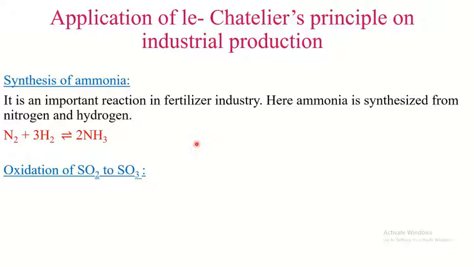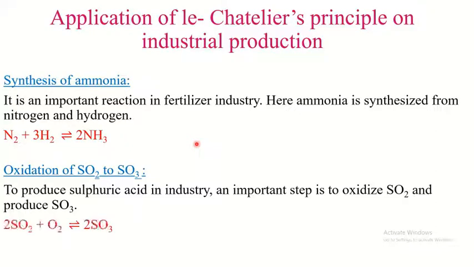So to produce sulfuric acid, at first sulfur trioxide should be produced, and sulfur trioxide is produced by the oxidation of sulfur dioxide by this reaction. This reaction is also a reversible reaction, so Le Chatelier's principle is applied for getting more yield from these reactions.